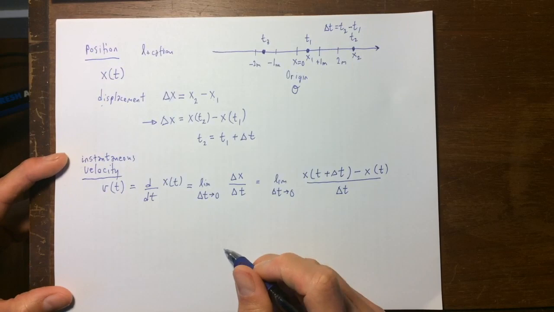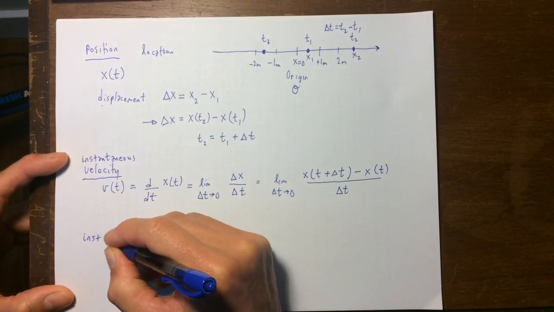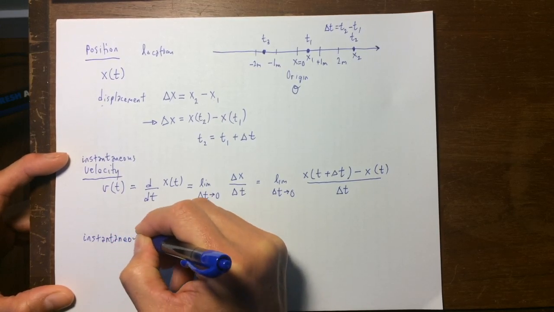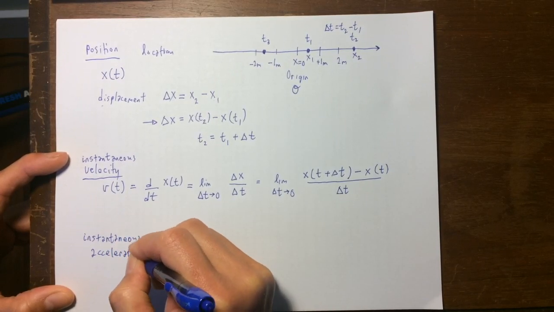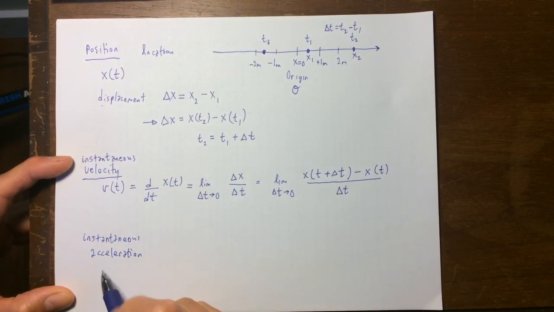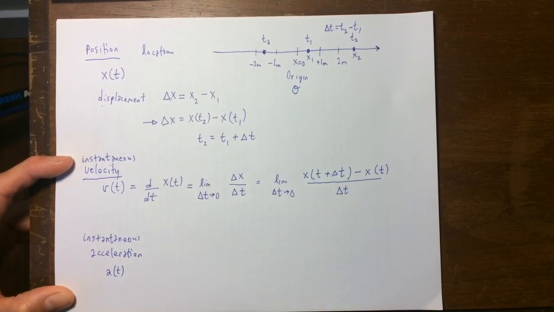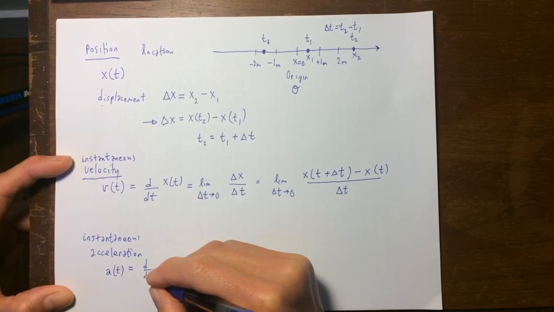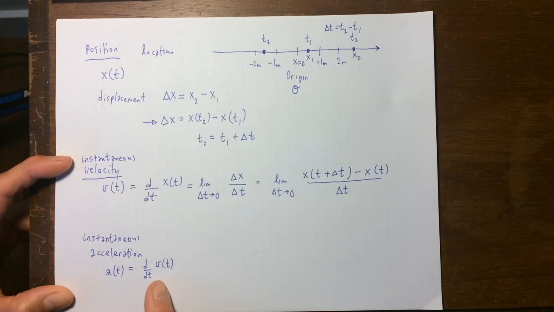All right, so in the same spirit, I'm going to describe the definition or the relationship for the acceleration. So the acceleration is given the symbol a of t, like this, and a of t is simply related to v of t this way.